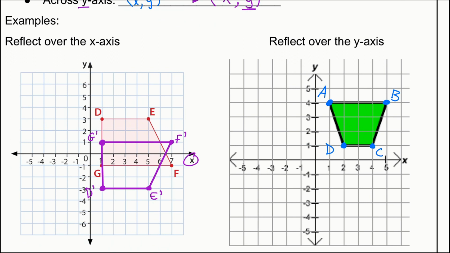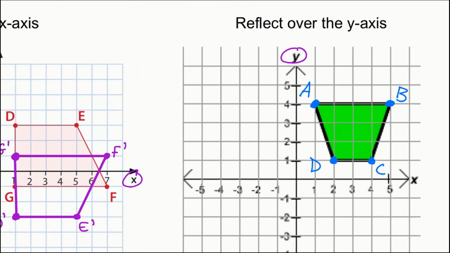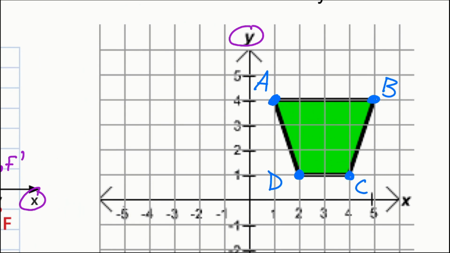All right, so the y-axis is the vertical axis going up and down, so we would expect this thing to flip across left to right. So point A, actually this entire figure is all to the right of that y-axis. So everything on the right should be on the left.